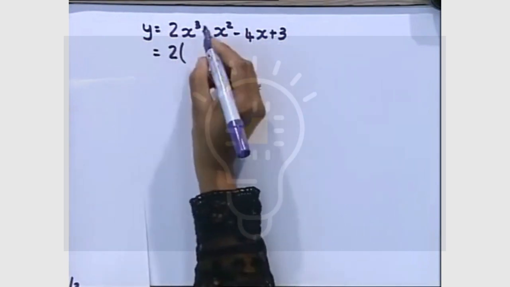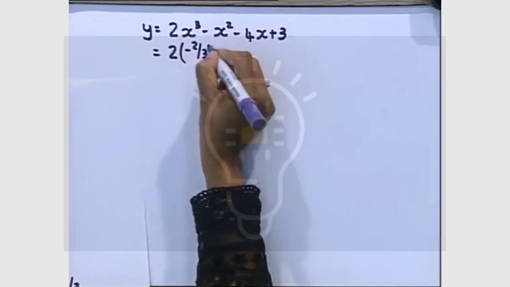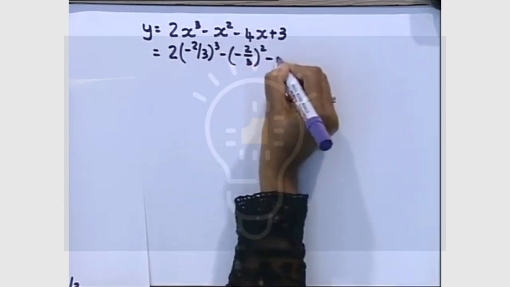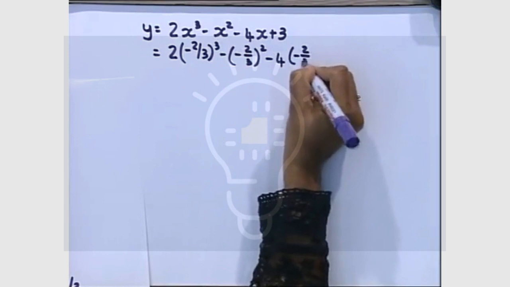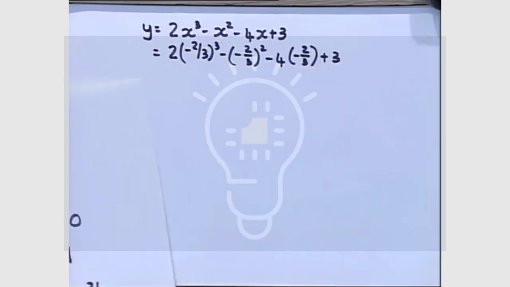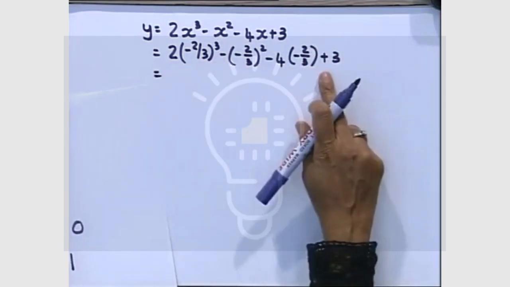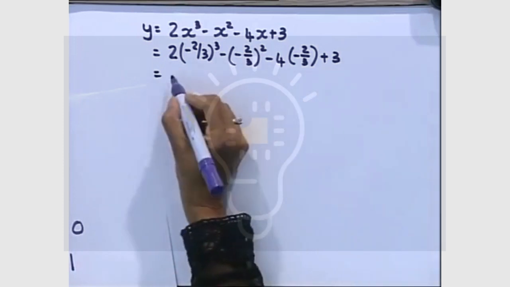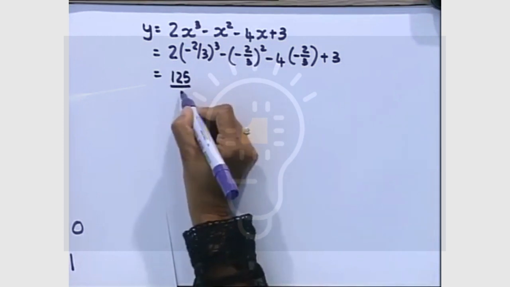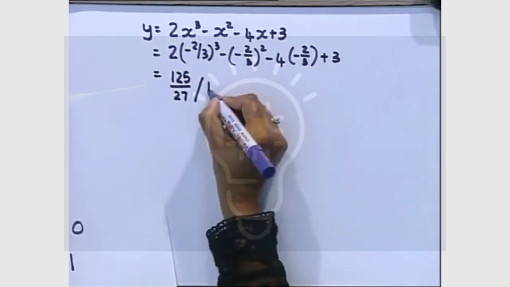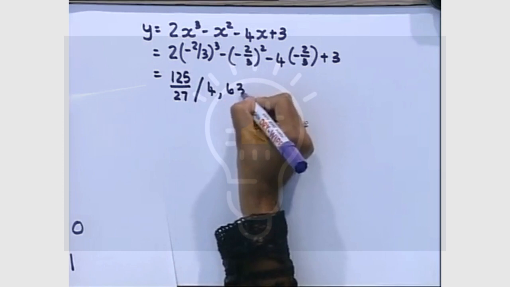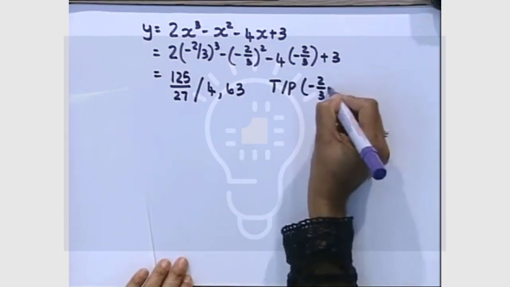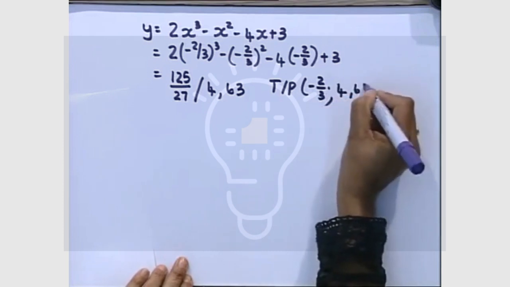So it's 2 times negative 2 over 3 cubed minus negative 2 over 3 squared minus 4 times negative 2 over 3 plus 3. If you put this into your calculator, we're not going to spend time doing that. You get a value of 125 over 27, or in decimal form, 4,63. So your one turning point is negative 2 over 3 and 4,63.